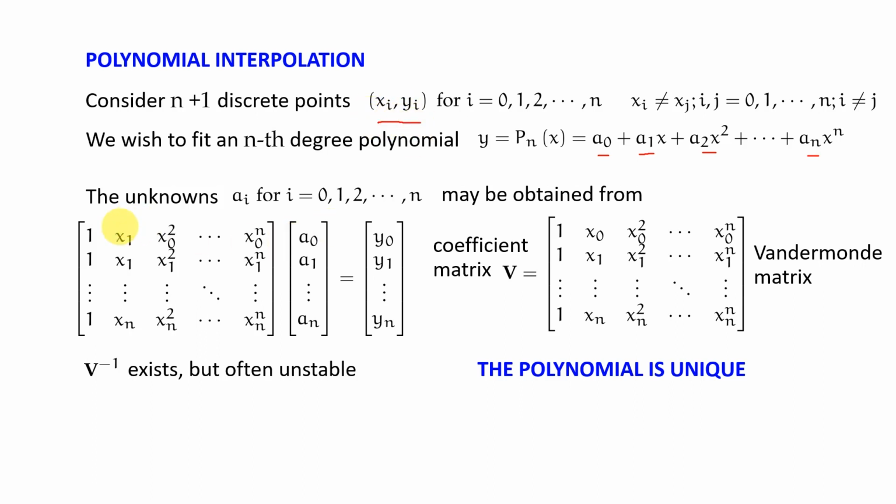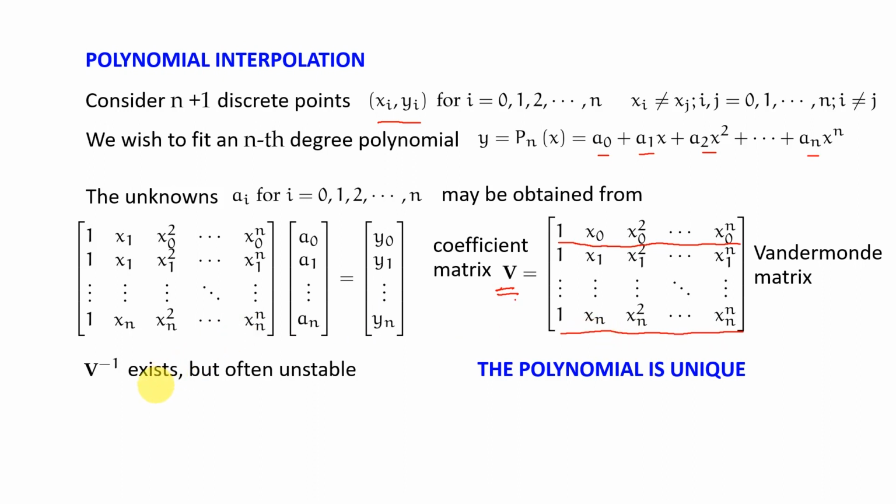When I do so, we get n plus 1 linear equations where my coefficient matrix is a Vandermonde matrix V, that is 1, x0, x0 square, up to x0 to the power n, and the last row is 1, xn, xn square, up to xn to the power n.